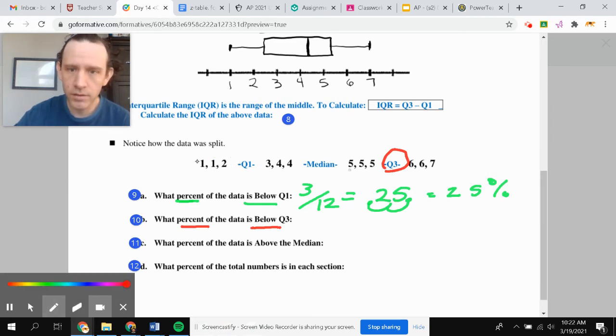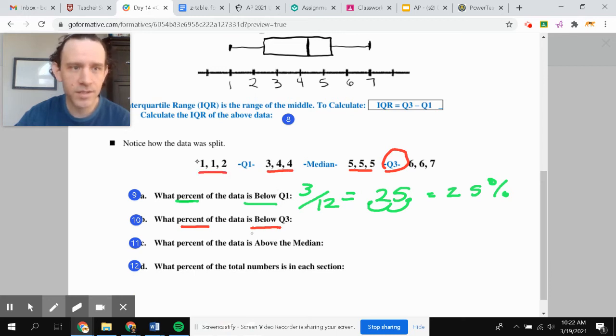There's 3 here, plus another 3, which is 6, plus another 3, which is 9. So this is going to be 9 over 12, because there's 9 numbers below Q3. And what is that? That's 0.75. You move the decimal place 2, and you get 75%.